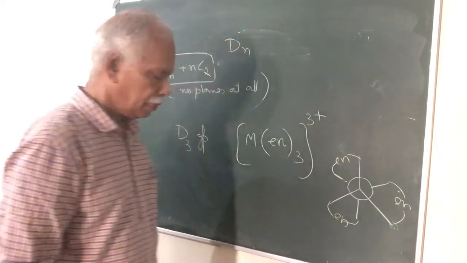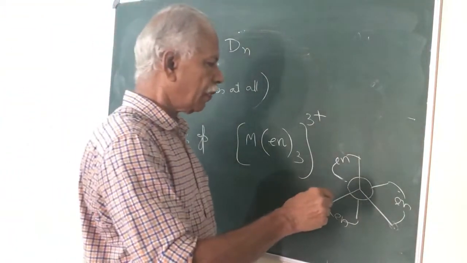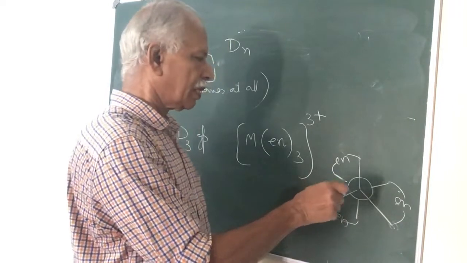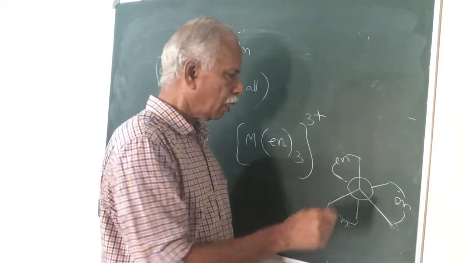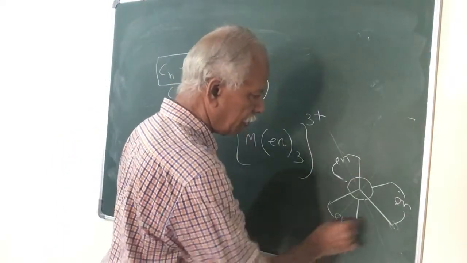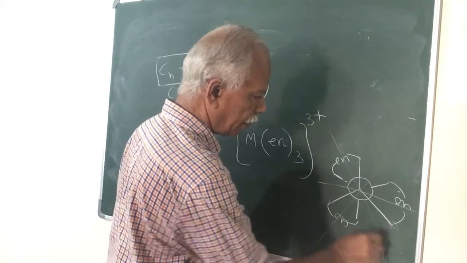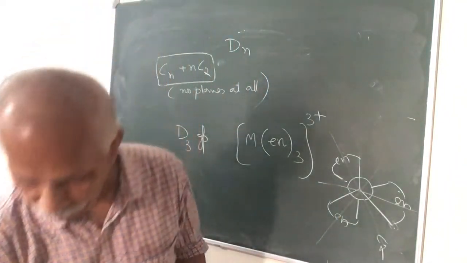So the picture will make you easily understand what the C3 is. C3 is along this line. I am holding it by this iron rod along this line, and C2 will be such lines. This will be the C2 axis, C2, and this one will be C3.